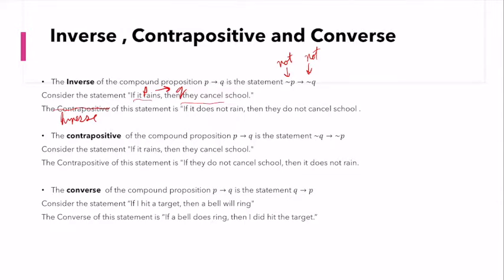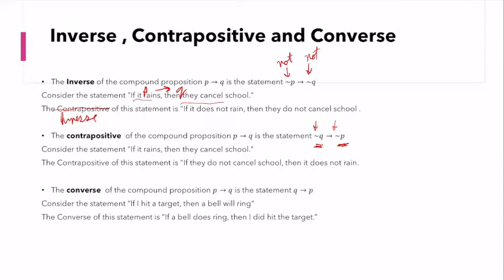The contrapositive is the inverse kind of flipped. So if I was given, if it rains, then they cancel school, I need to flip Q and P. So I'm going to talk about school first and then rain and make them negative.